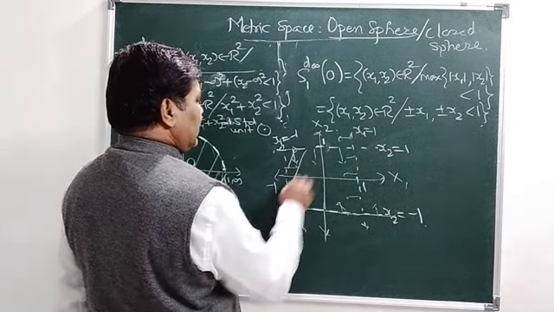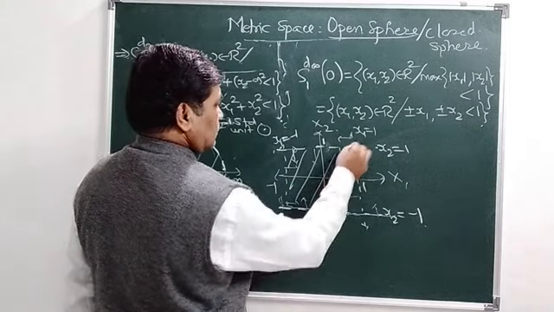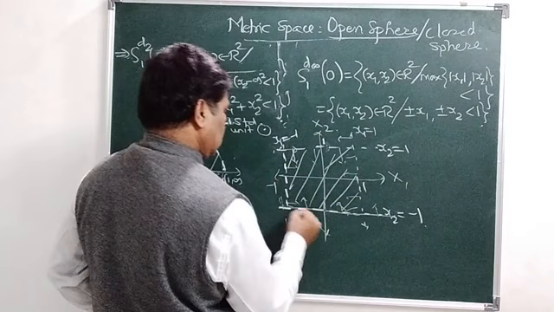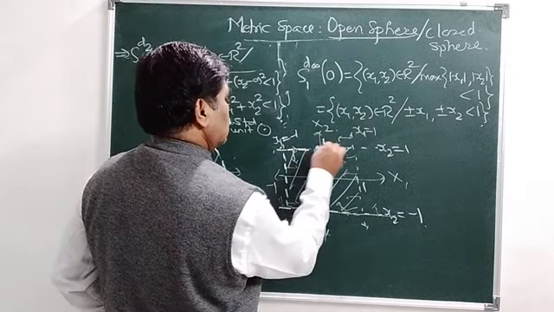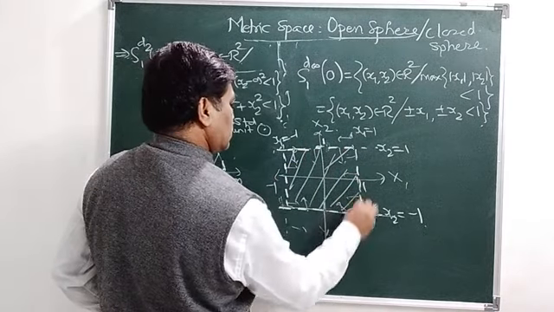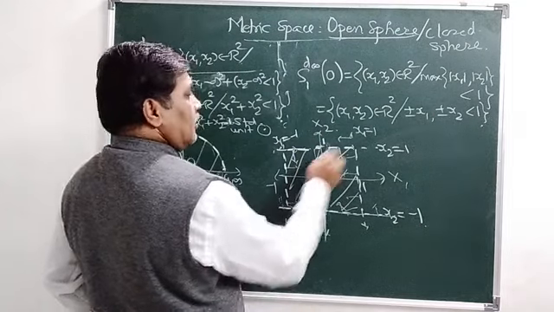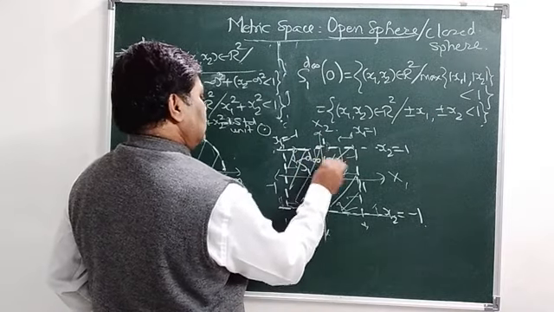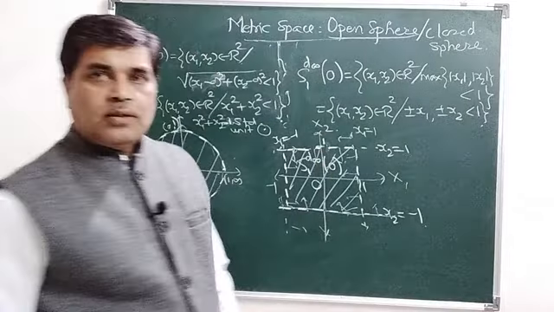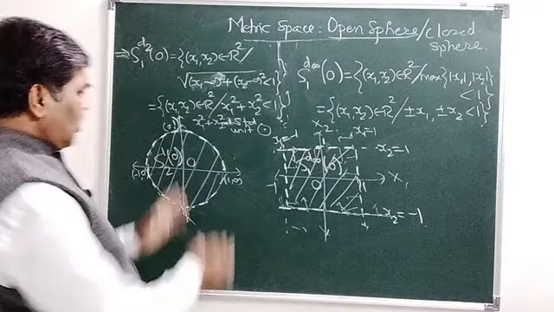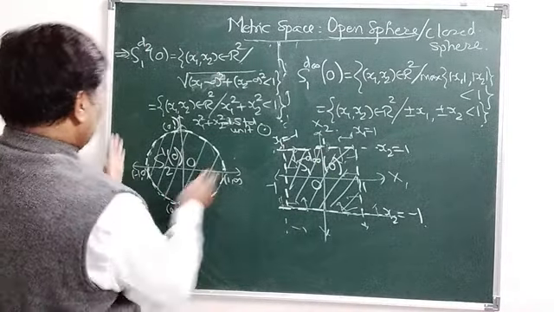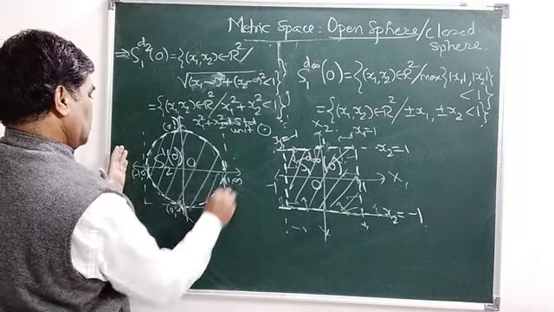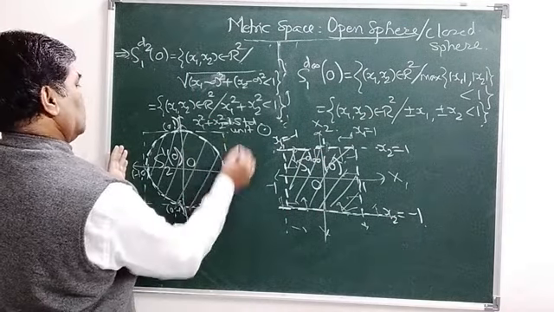So this interior part is your S1 D infinity at 0. This is the open sphere about the origin.